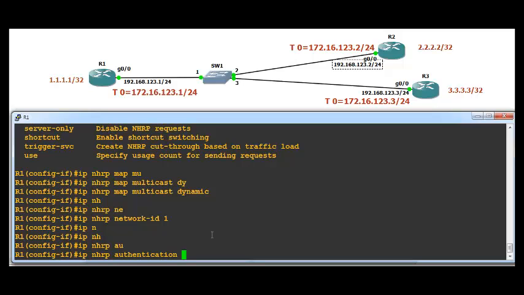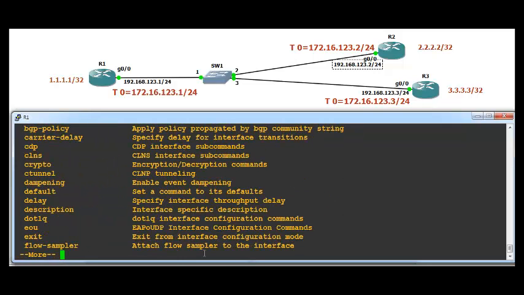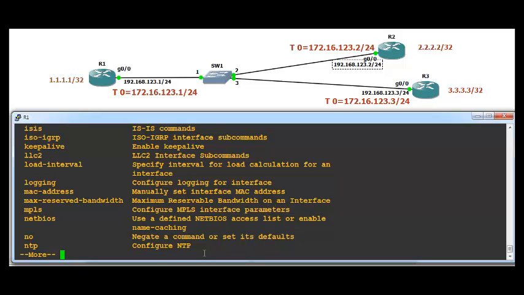So the password, let's say, Cisco_DMVPN, C_DMVPN, something like this. You have a unique password. Now, whoever comes to register with this R1 should carry this password. Only with them will R1 handshake. Anyway, it's an optional command. It is not mandatory. Okay, that is the IP NHRP command.